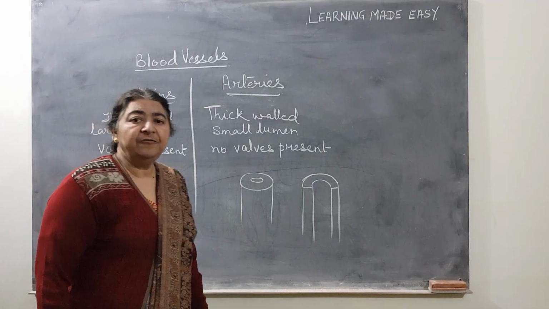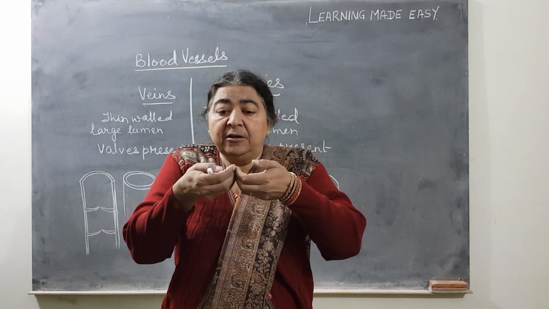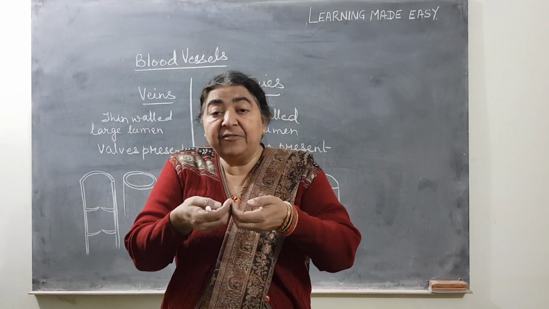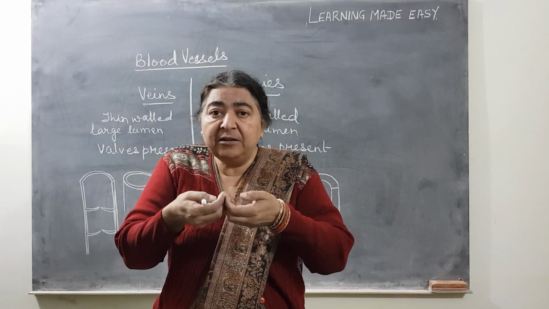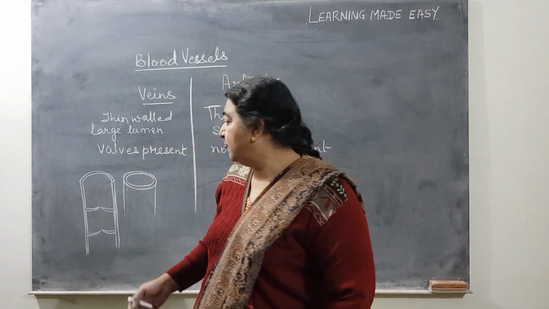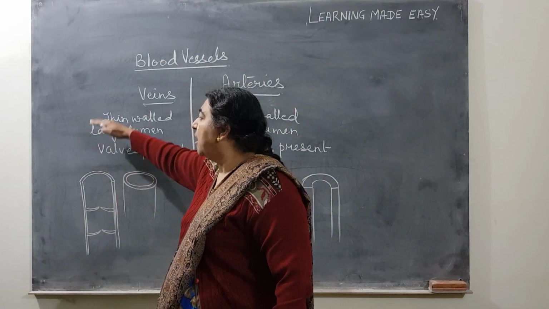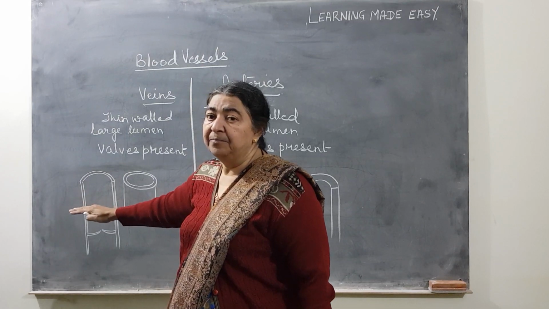On cutting open a vein, we find there are valves present in it. They close as they are filled with blood and do not allow the blood to flow back in the opposite direction, as they have to bring the blood to the heart. So these valves are helping them to do that.